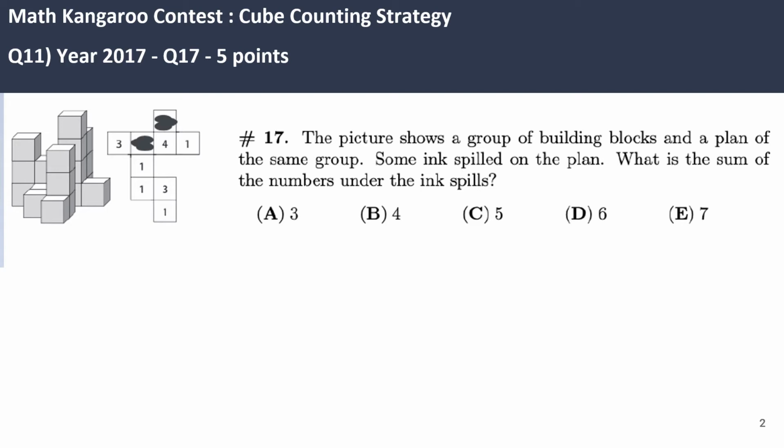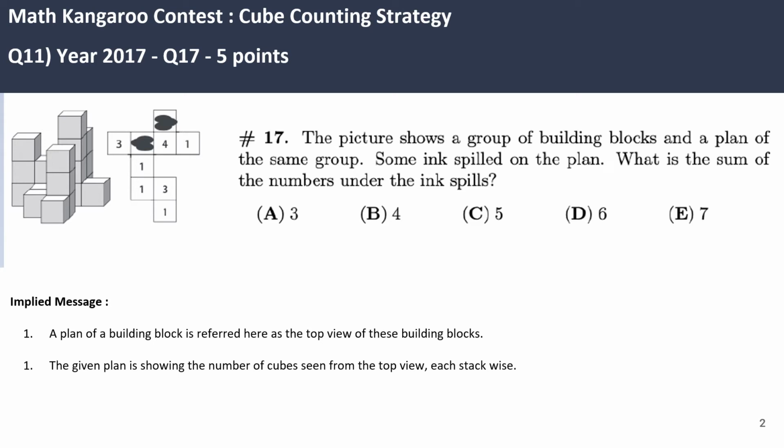If you look at this cube from a top view, the number of cubes is something which we would see as part of the plan. So the hidden message here is how you will look at these cubes placed from a top view, and this diagram of a top view is what has been mentioned. That's my understanding.